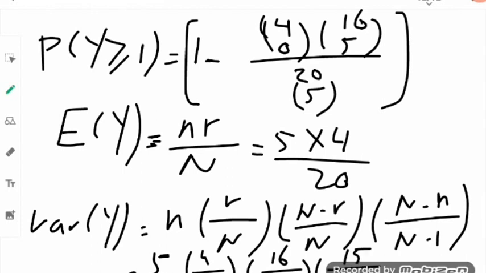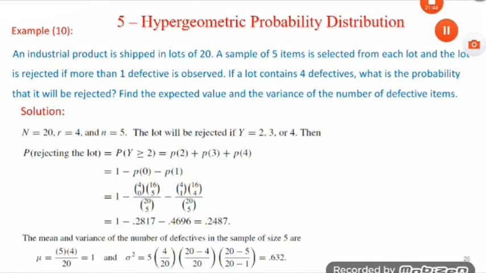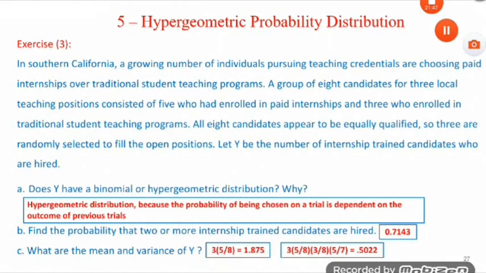Again, the final answer is given in the slides. I think so far we finished discussing the hypergeometric distribution. We only have one extra exercise, and the final answer is attached to the slides.